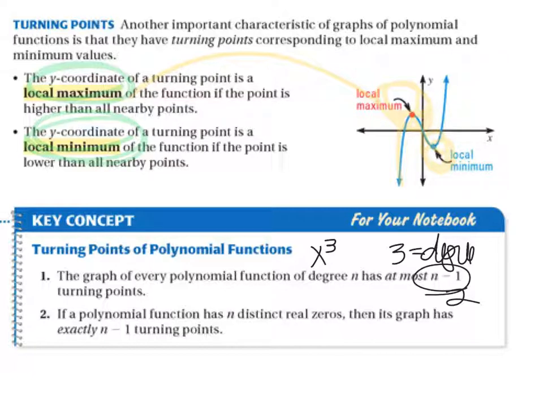If we are x to the 4th, we're going to have 3 turning points. Right? Okay. If a polynomial function has n distinct real zeros, then its graph has exactly n minus 1 turning points.